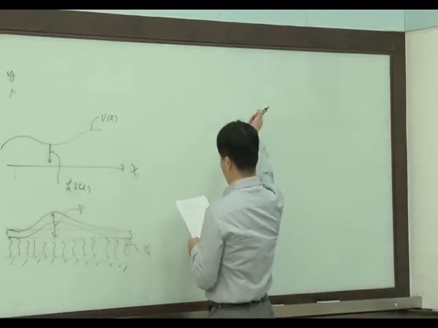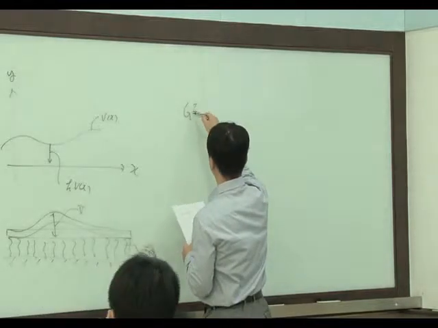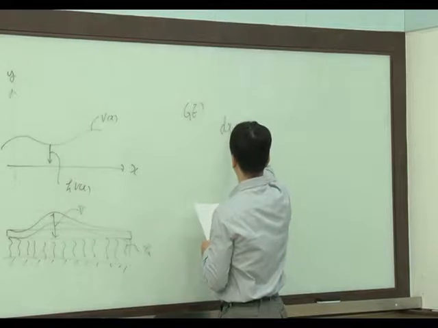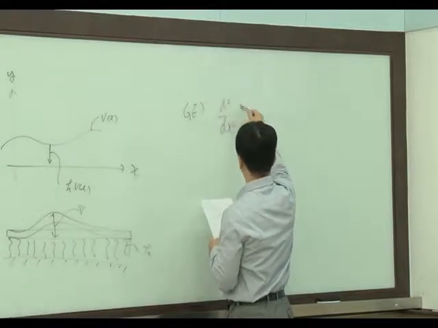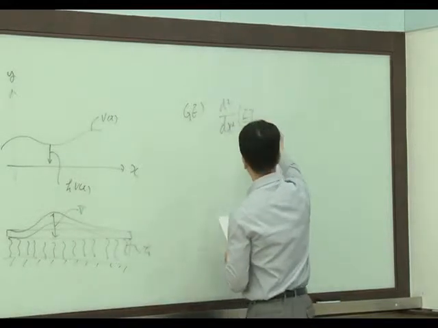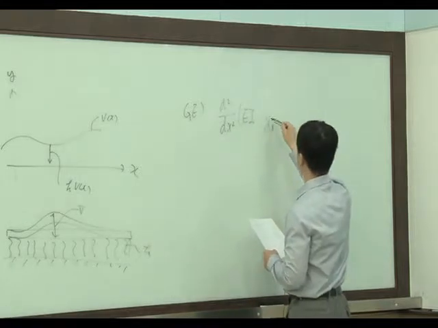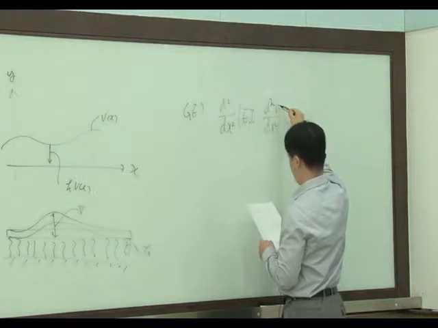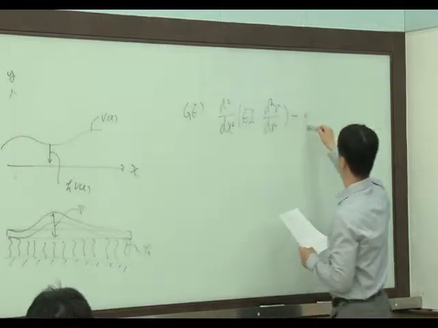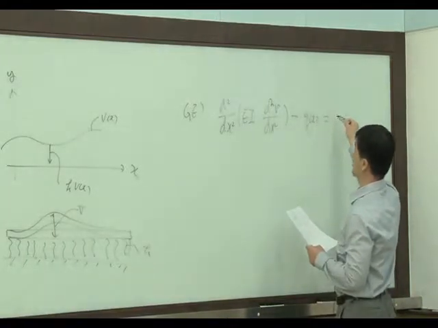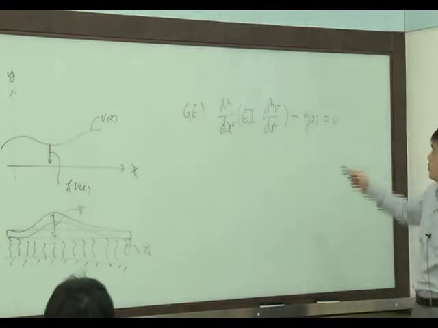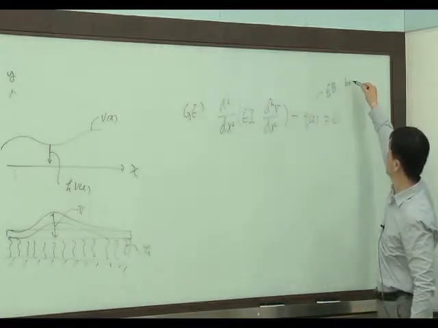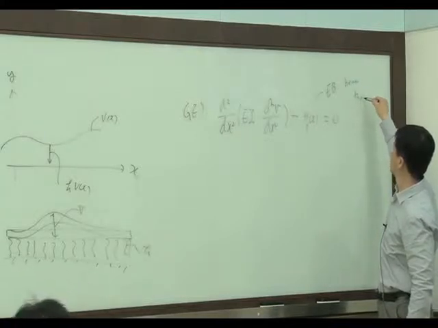So the governing equation for Euler-Bernoulli beam theory was d squared over dx squared of EI d squared v over dx squared minus q equals 0. This is the governing equation for Euler-Bernoulli beam theory.